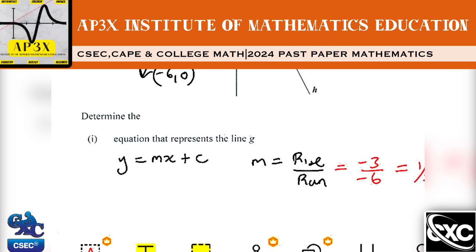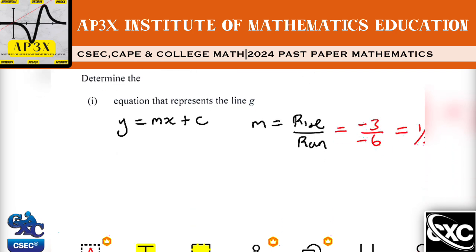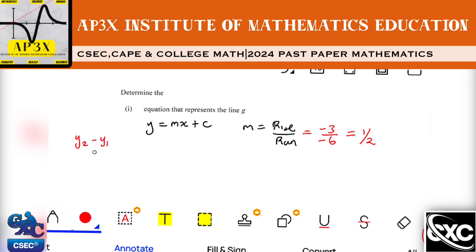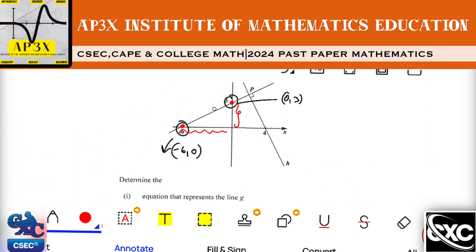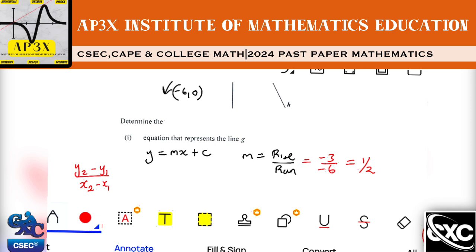But say for argument's sake that a student does not see it that way, then we could use, say here, y2 minus y1 over x2 minus x1. And so because, of course, for the student who recognizes that they could actually write down the points, then we know that one of the points is in fact minus 6, 0, and then the other point is 0, 3.